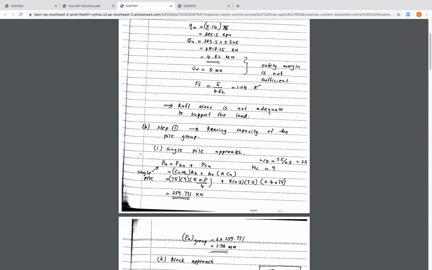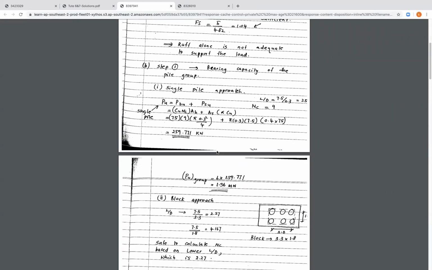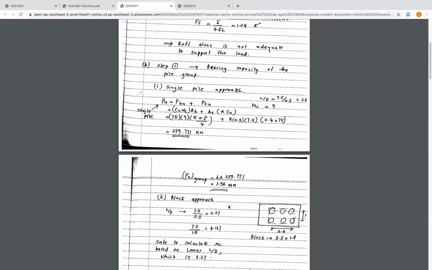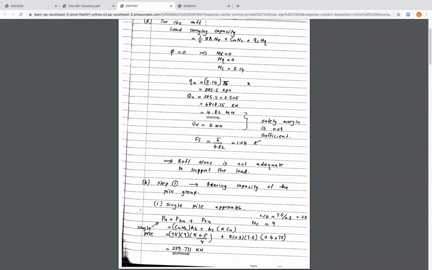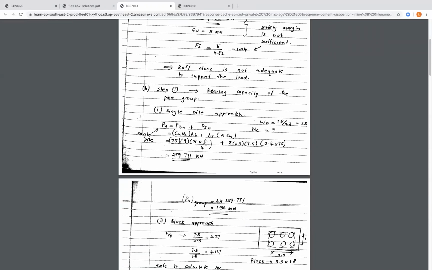We need to know what's the ultimate bearing capacity of the single pile, what's the load carried by the pile group by itself, and what's the load carried by the raft itself. So to find the bearing capacity of the pile group, we need first to find it using the single pile failure approach.